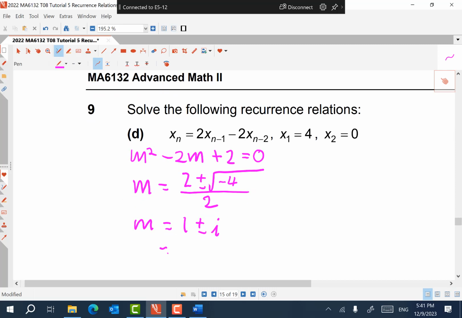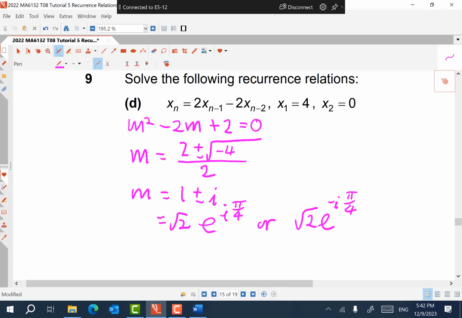So your r in this case is root 2, and your theta is actually pi over 4. So choose your r to be root 2 and theta as pi over 4.